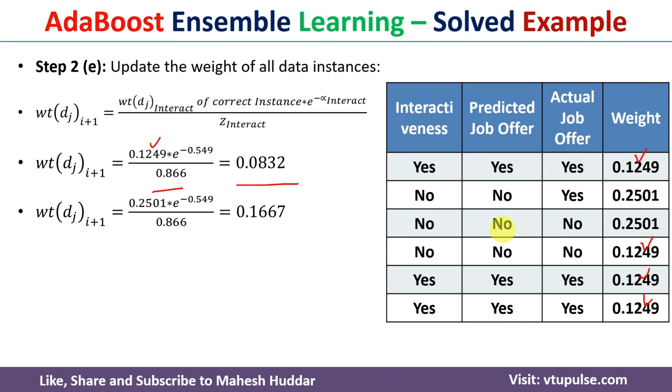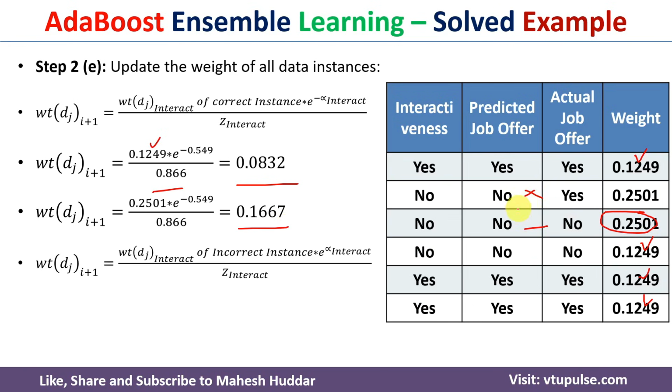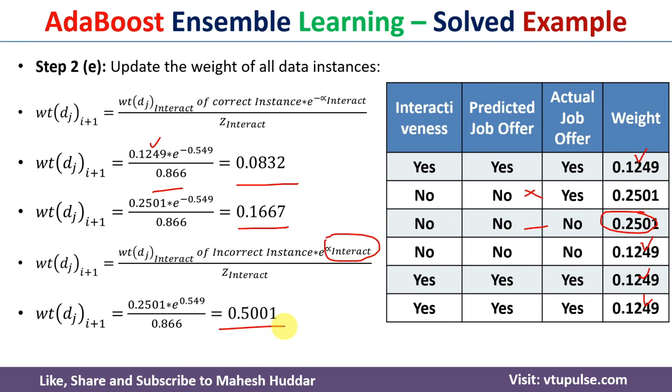For the one more instance we have here, again it is a correct classification but the weight is different, so for that one we get an updated weight like this. This is the incorrect classification. For the incorrect classification, we take e raised to plus, and this is the weight, and the updated weight is 0.5001 in this case. Now we will update this table with these new values, and we will get these new weights here.